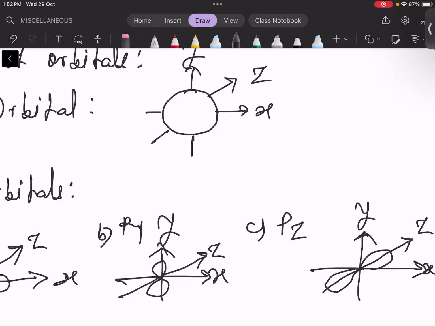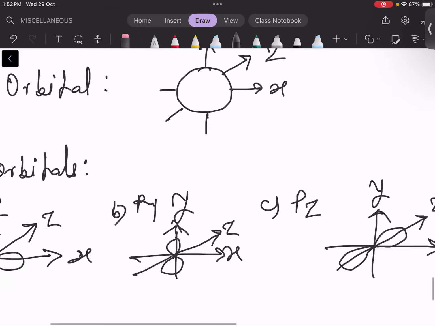But what is an orbital, or subshell? An orbital or subshell is the region around the nucleus of an atom where electrons are present. That I'll write.